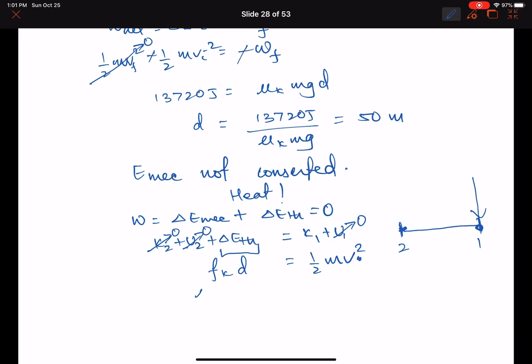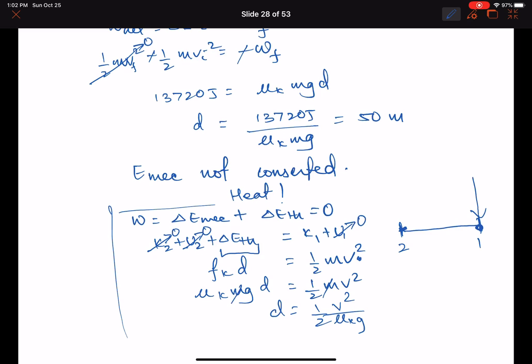So friction kinetic is mu k m g d, equals 1/2 m v squared. So mass cancels out. So d equals v squared over 2 mu k g. That's another way to calculate that, and you should get the same answer, that d should come out to be 50 meters. I would prefer this method.